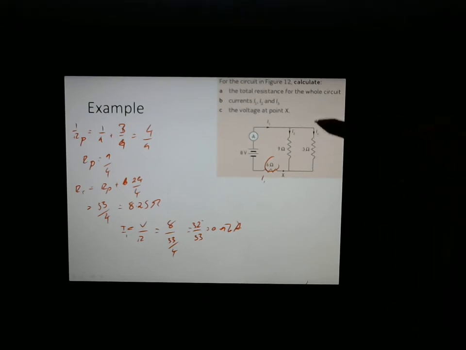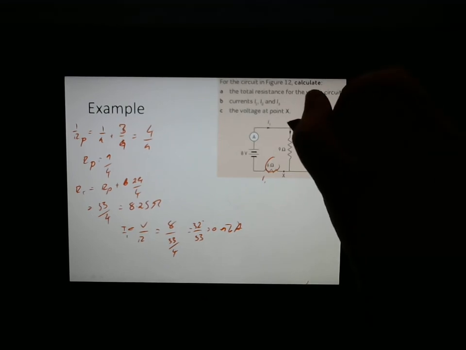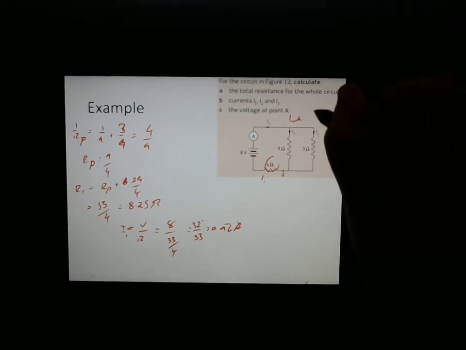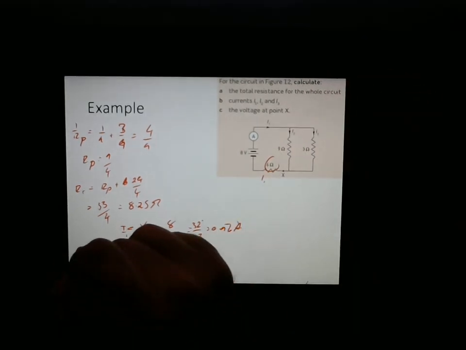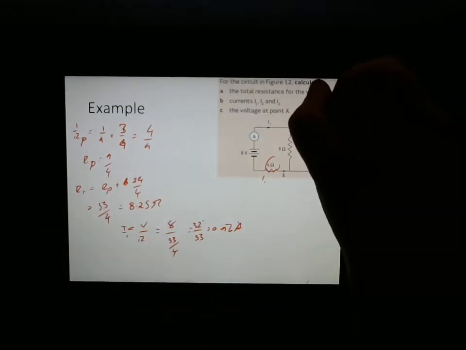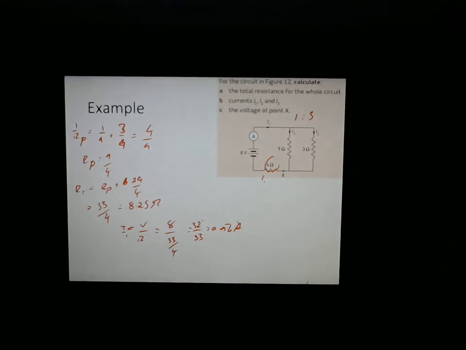So for every 1 amp going through here, 3 amps will go through here. Now we only have 0.96 amps in total, but the ratio is still the same. It is a ratio of 1:3 in terms of how much current.